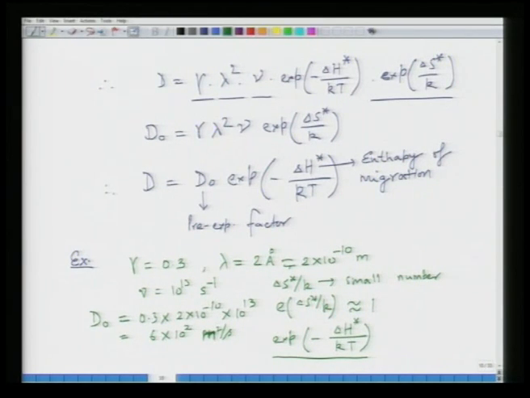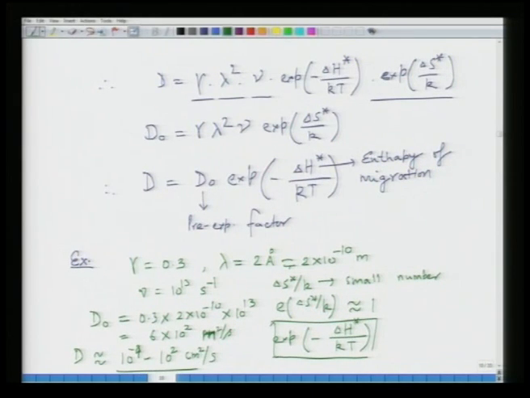These values are typically depending upon the magnitude of this factor, D varies from roughly 10 to the power minus 3 to 10 to the power 2 centimeter square per second. These are the magnitudes of value.